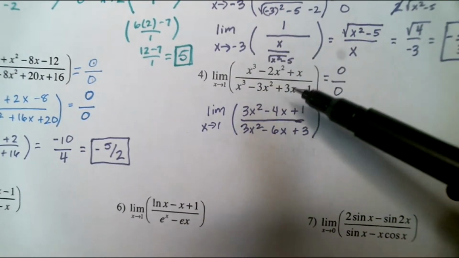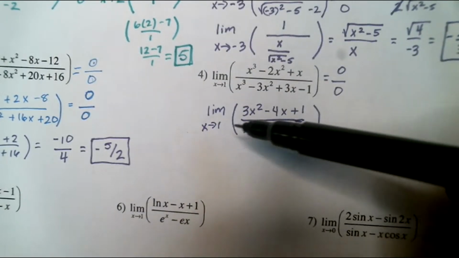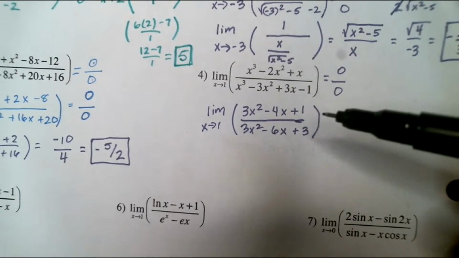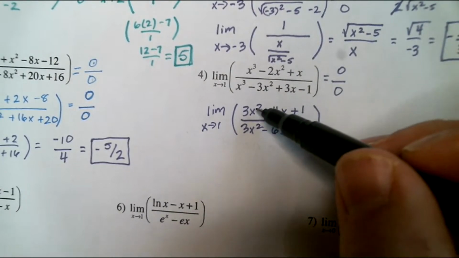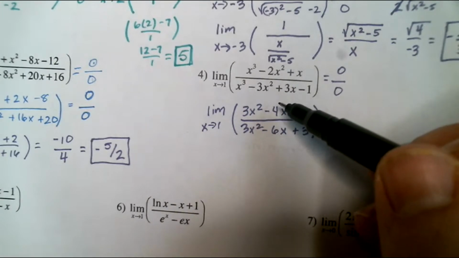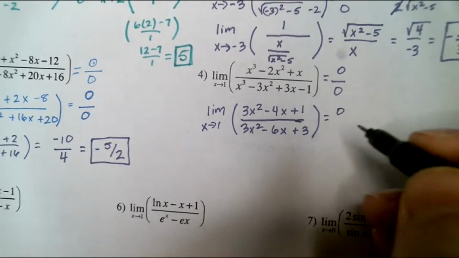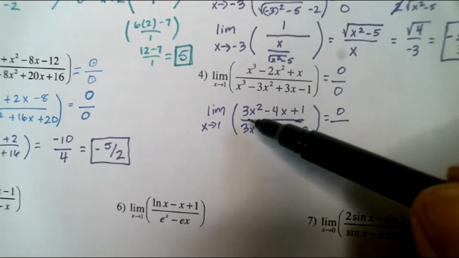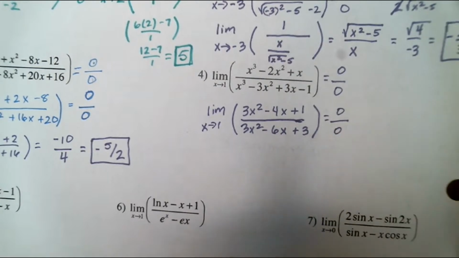Hey, let's factor, see if we can get something to cancel. But keep in mind, your first step is always to plug it in and see what you get. If you get that 0 over 0, then you know to take the second derivative. Plug it in here. That would be 3 minus 4, which is -1. -1 plus 1 is 0, over 3 minus 6 is -3. -3 plus 3 is 0.